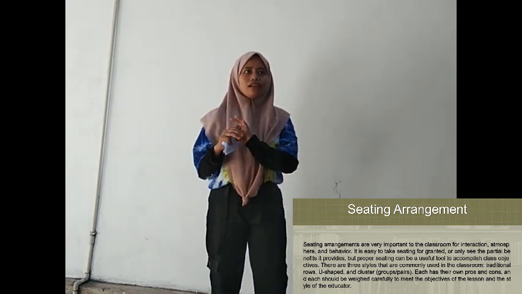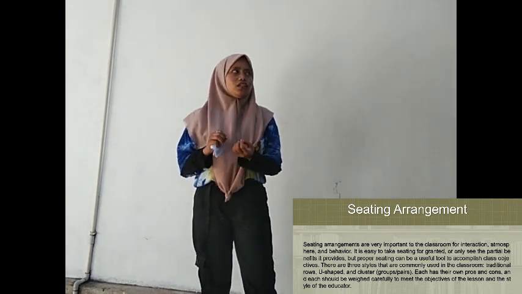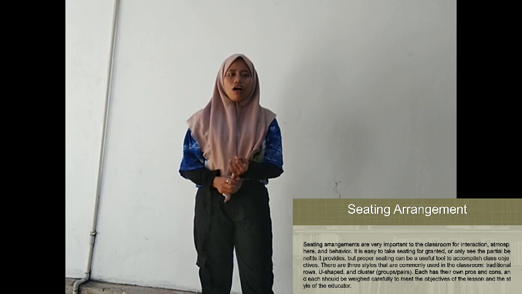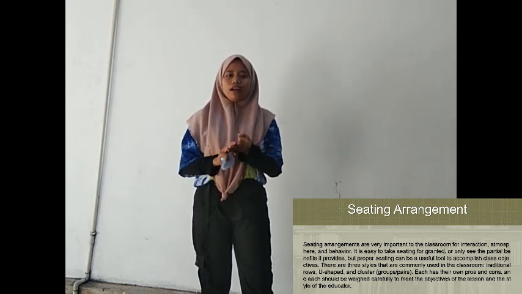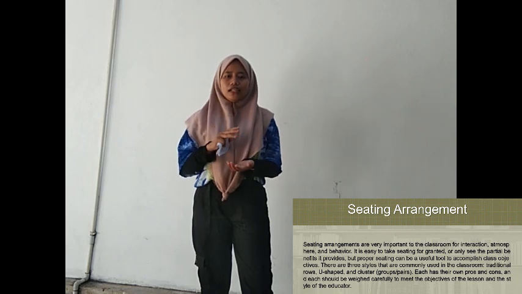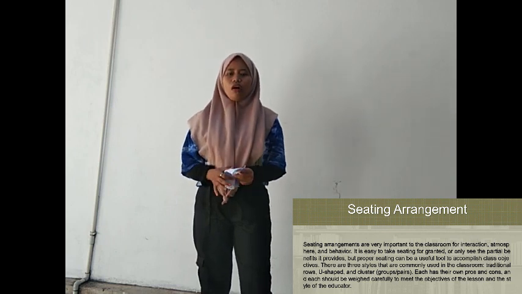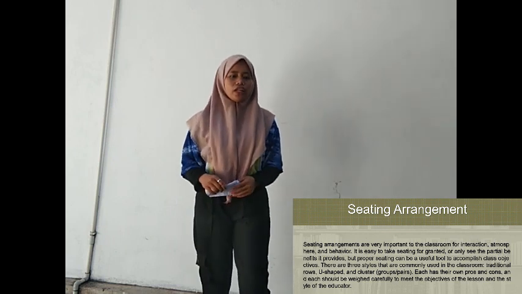There are three styles that are commonly used in the classroom: traditional rows, U-shape, and cluster, group or pairs. Each has its own pros and cons, and each should be weighed carefully to meet the objectives of the lessons and the style of the educator.